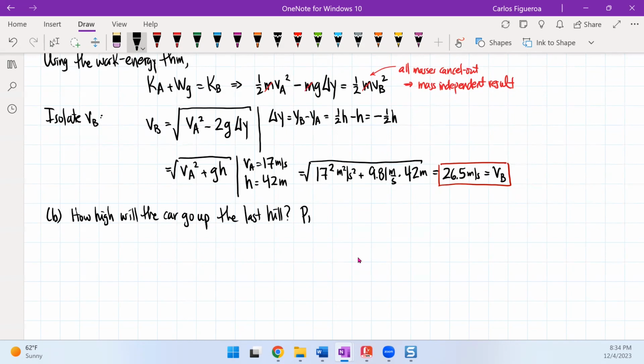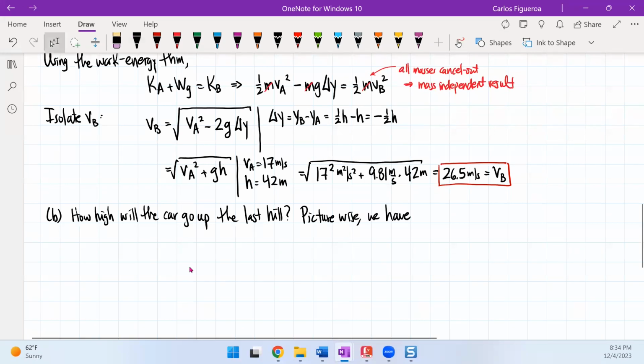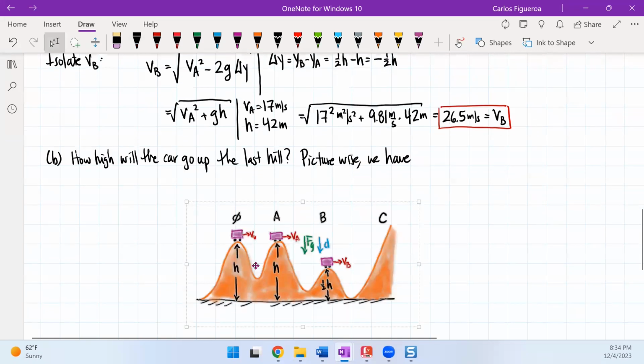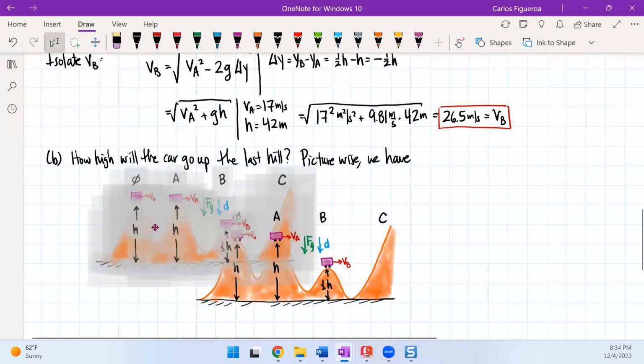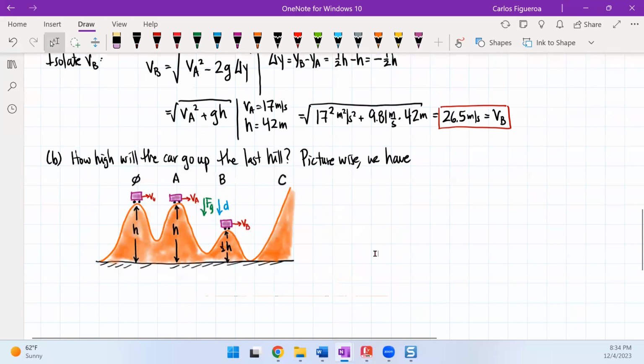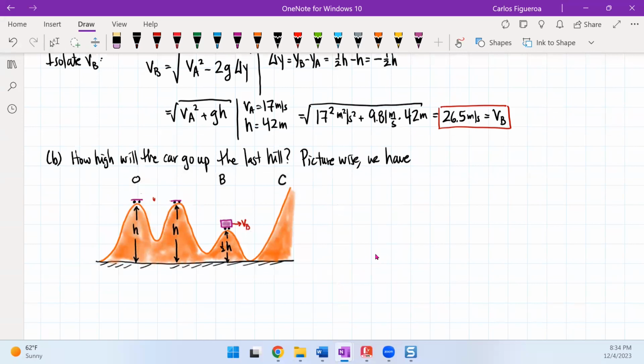So picture-wise, we have this image. Now, the only thing I'm going to focus on is between B and C. So I don't care what happened beforehand.